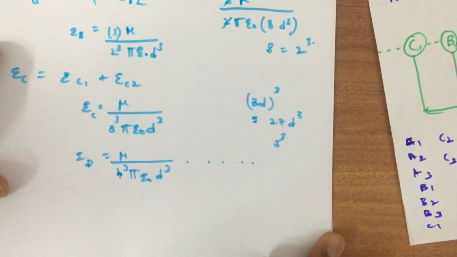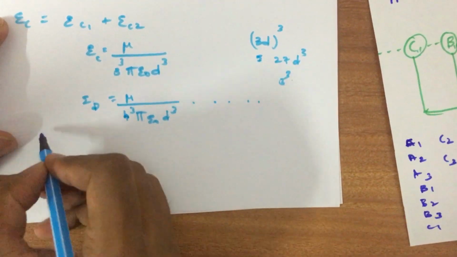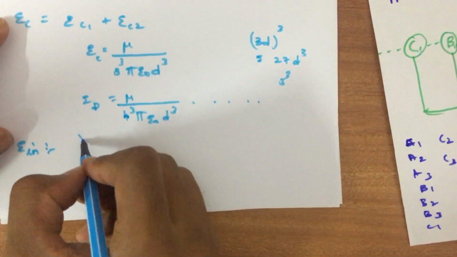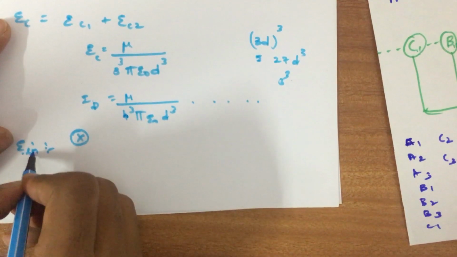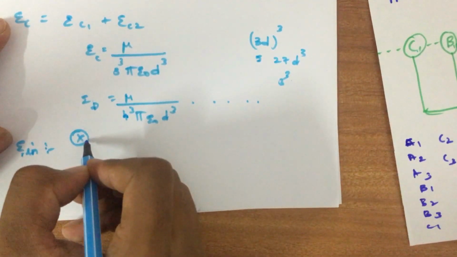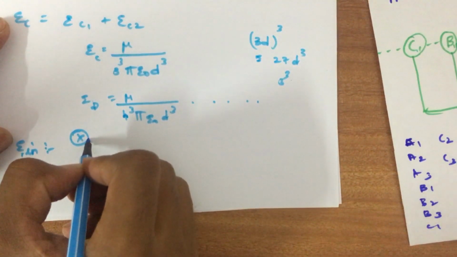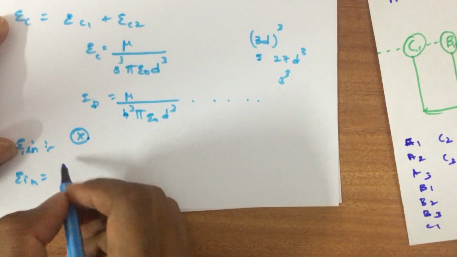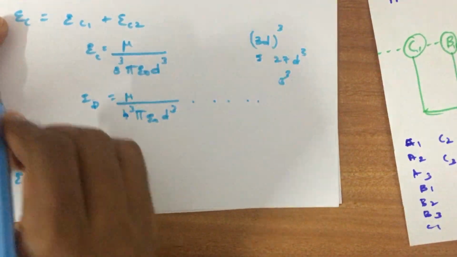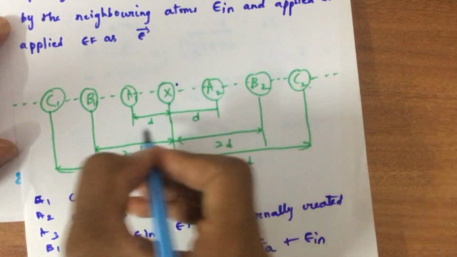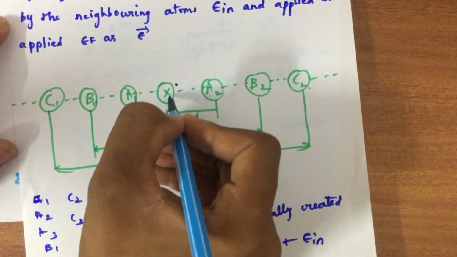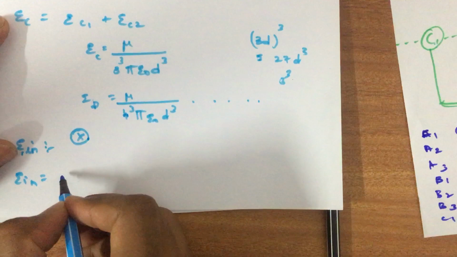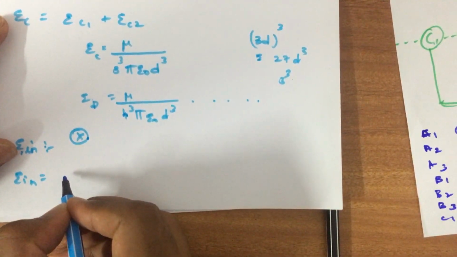So next, I'm finding E internal, the internal electric field exerted on the atom X. Now let's see, E internal will be equal to what? I'll sum up everything because all these atoms are indirectly exerting their electric field on X, right? So I'll take the sum of all the internal field exerting on X.